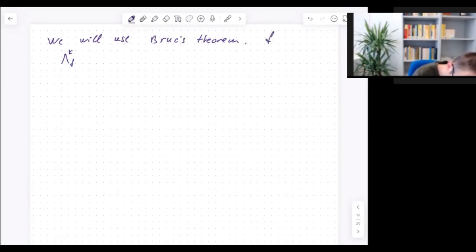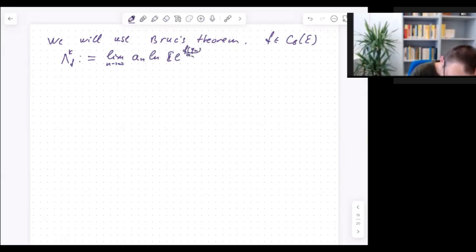So we take f, a continuous bounded function on E, and we compute this one. We need to show that the limit exists. And this one is the limit as n goes to infinity of an logarithm of the expectation of e to the power f eta n divided by an.